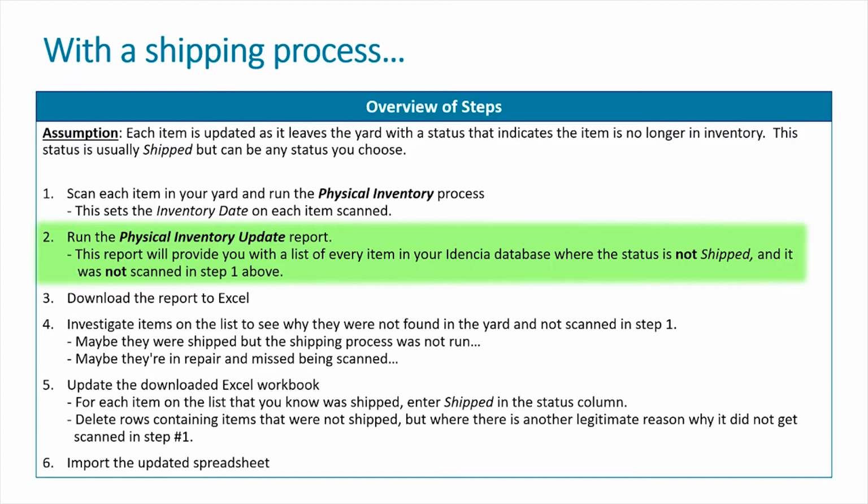Maybe it was shipped and the shipping process didn't get run, so the status didn't get updated. But it will give you a list of the actual serial numbers that are not marked as shipped, but they were not out in your yard. So you can research them and find out what happened and fix the discrepancies.